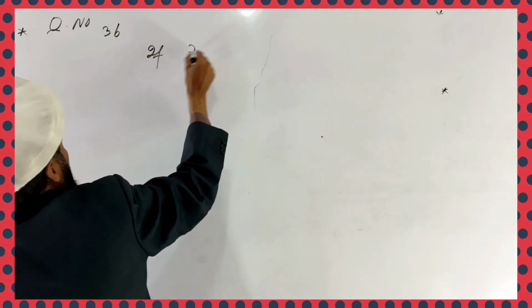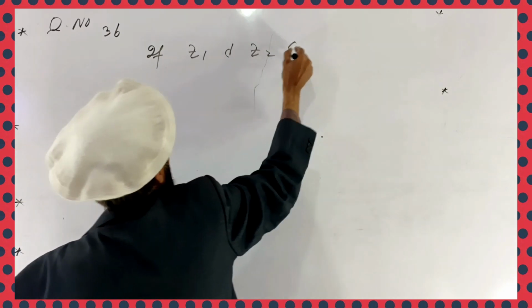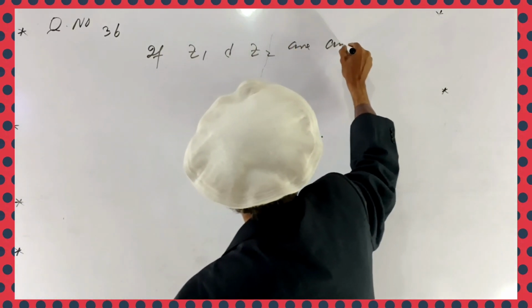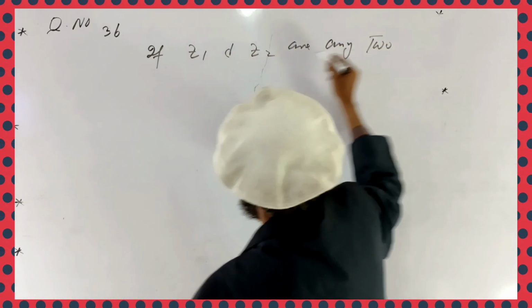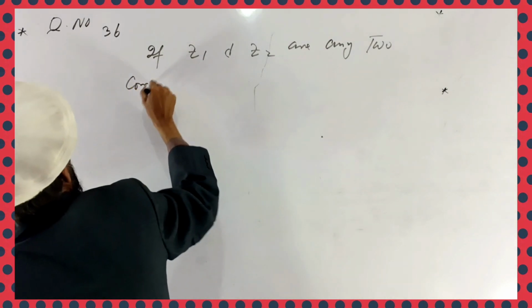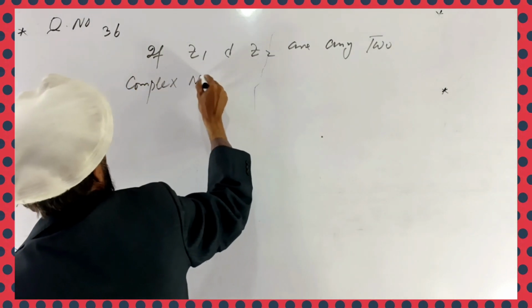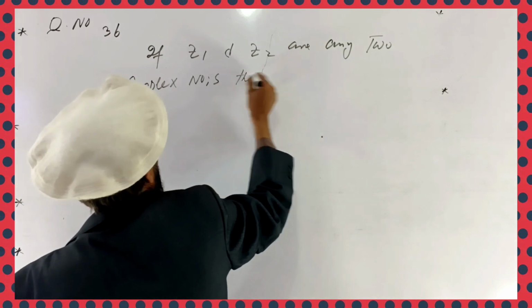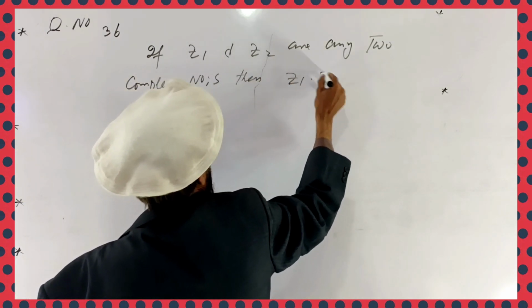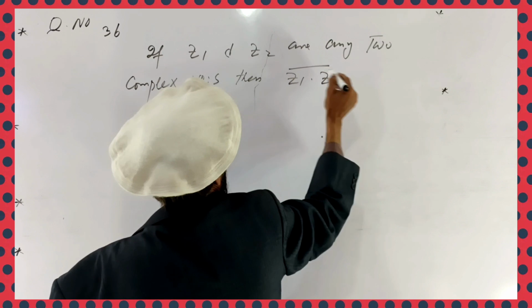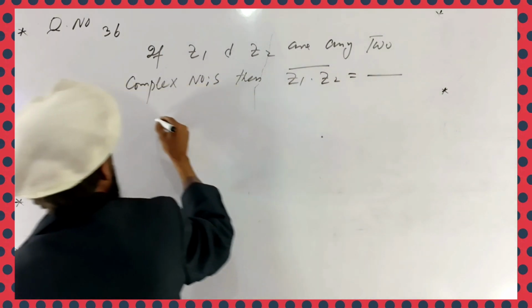As Z1 and Z2 are any two complex numbers, then what is the result of the conjugate of Z1 times Z2 is equal to what?